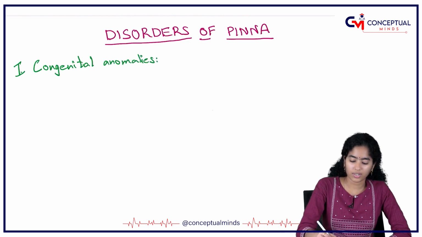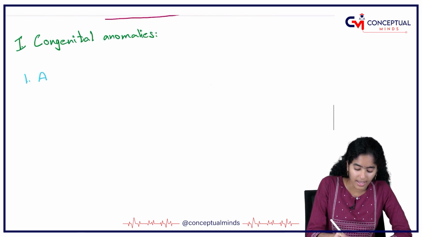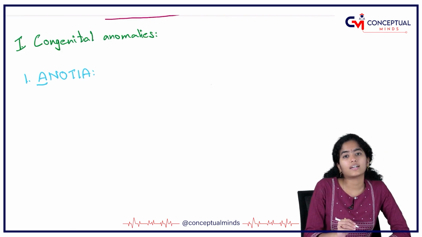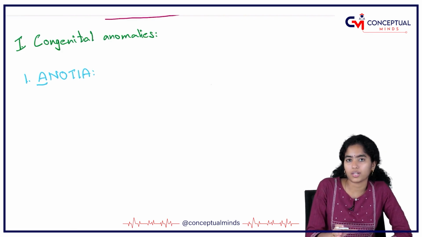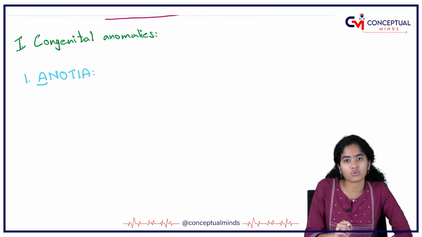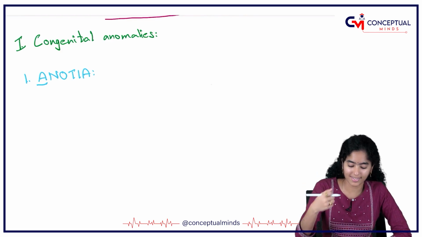In congenital anomalies, first anomaly is anotia. A generally means absence. So, anotia is the complete absence of the pinna and the ear lobule. This is usually seen in syndromes such as Treacher-Collins syndrome and Goldenhar syndrome. These are the syndromes that result in craniofacial anomalies.